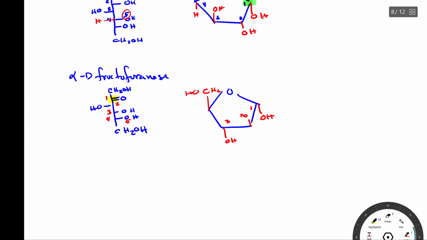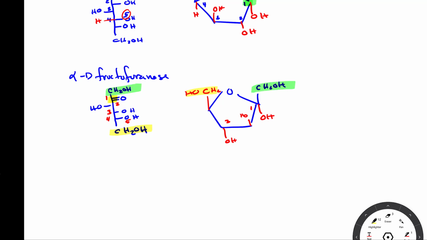Now on carbon number 1, I also need to have a CH2OH, and that'll be opposite of the OH group. So that guy is here. So let me color code these things a little bit for you. So this group is, let's see, this one, and then this one is this guy here.